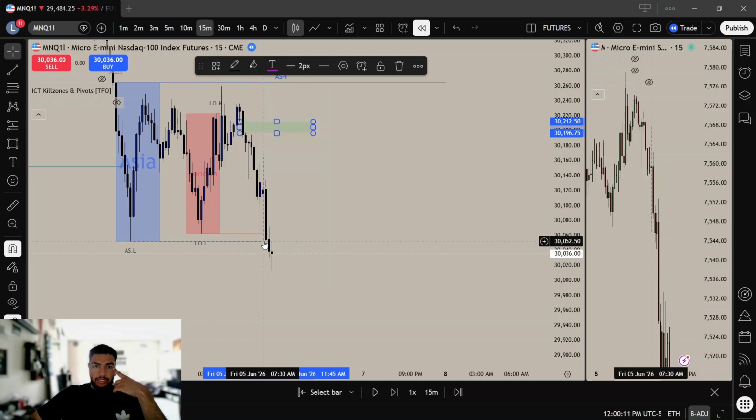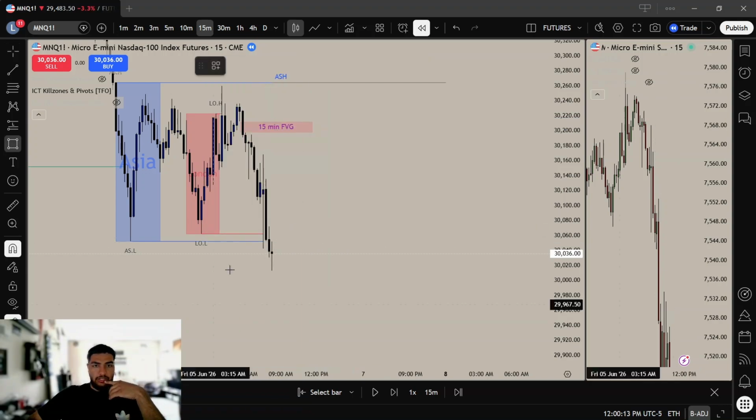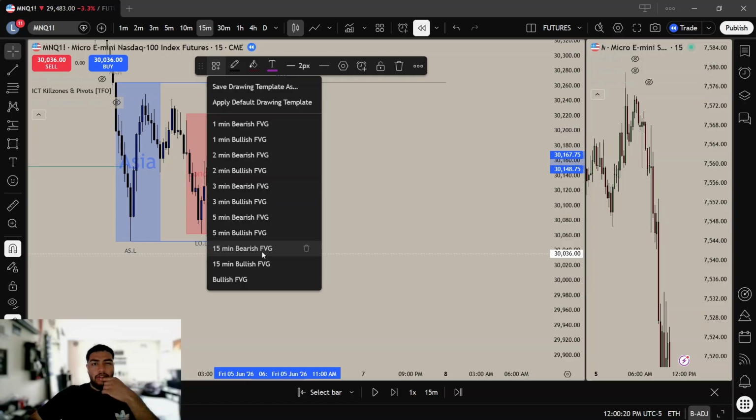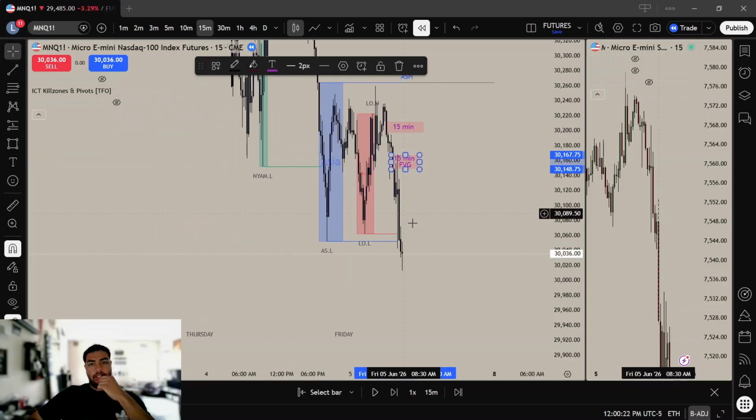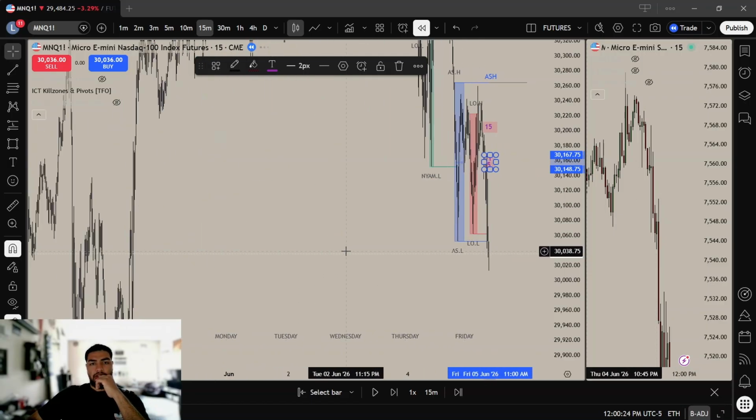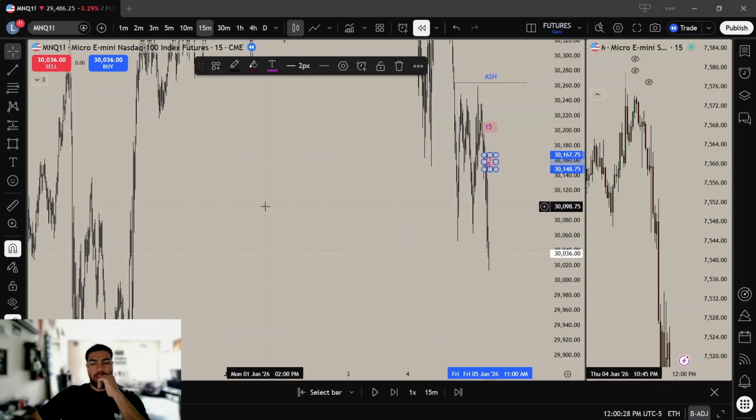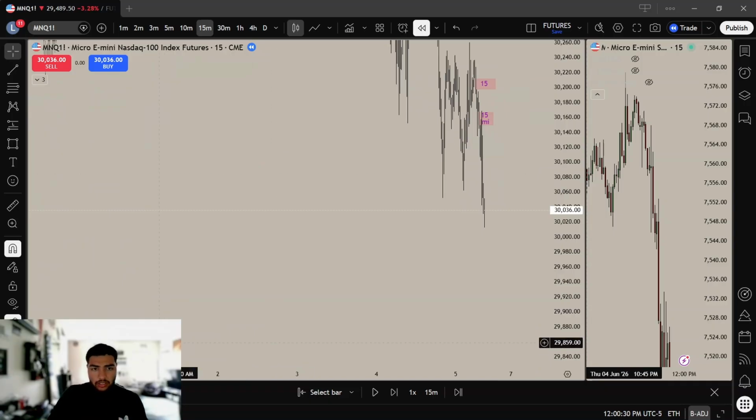It's a 15-minute bearish, and then we got another 15-minute bearish. Okay, any sell side liquidity we got going on over here? Let's get rid of our kill zones right there. Sorry. Get rid of this notification.